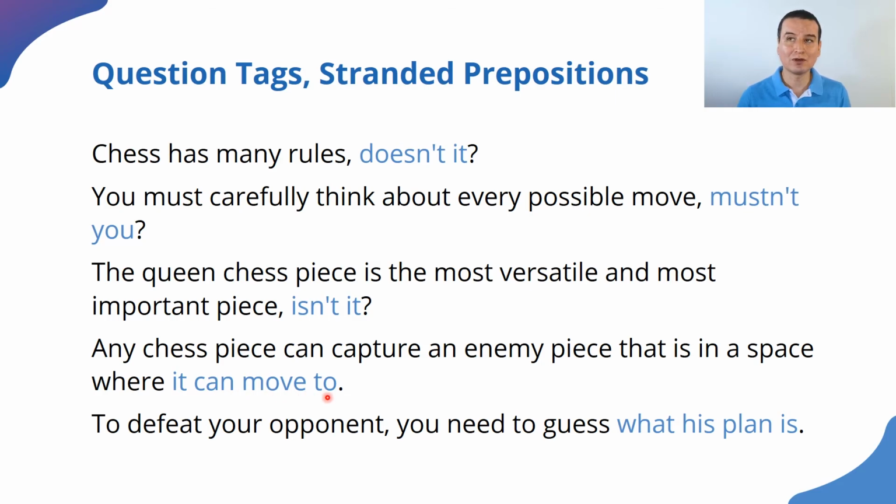It can move to, a space where it can move to, which it can move. Good. Next, to defeat your opponent, you need to guess what his plan is. That is, chess is a game of strategy. That's why we need to think about the plan of the opponent to be able to defeat that opponent.